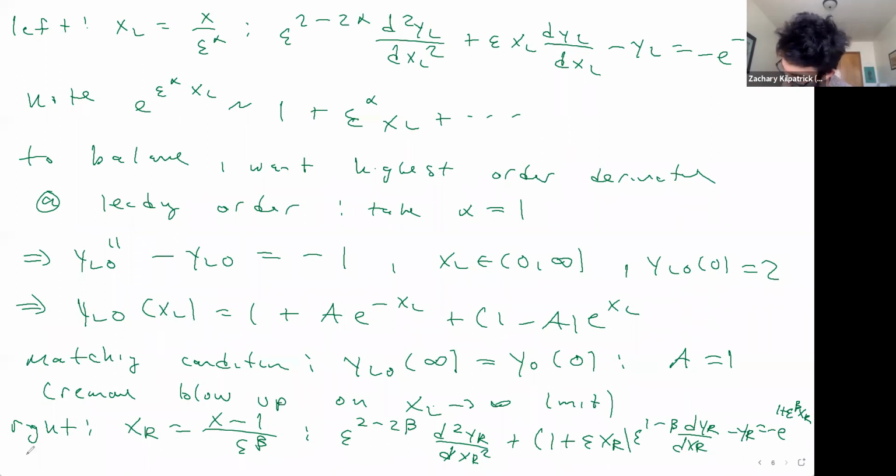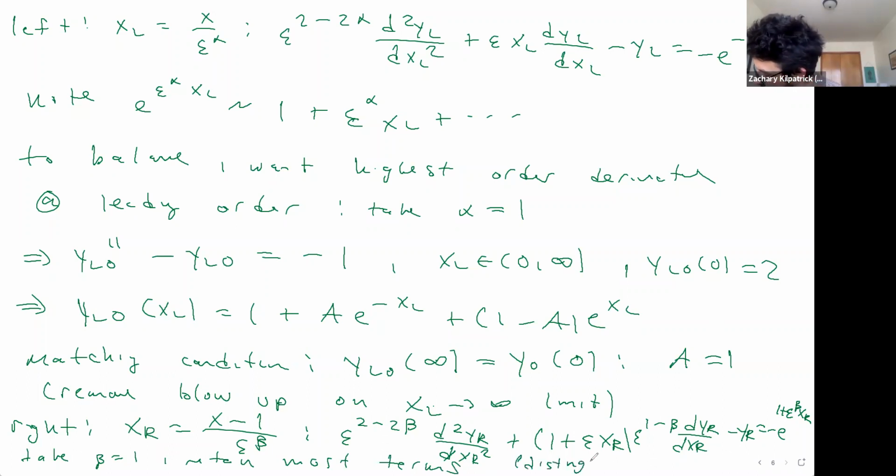So if I take beta equals 1, essentially I will retain the most terms in this case. And so that's our distinguishing limit in this case.